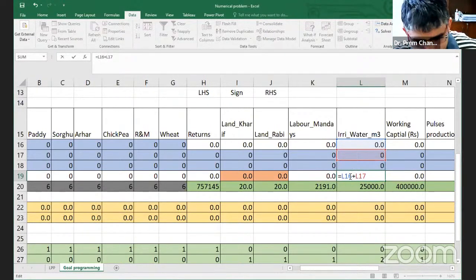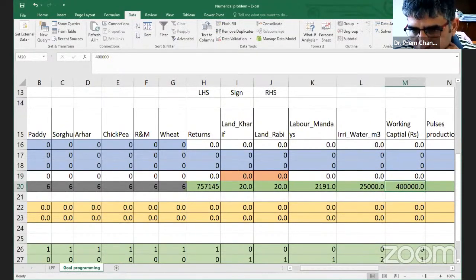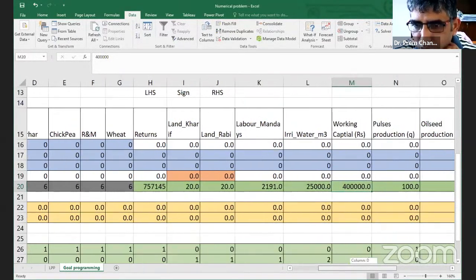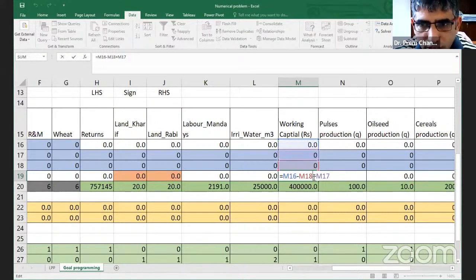If I have the option, I am allowing the overachievement. Similarly, for working capital, because I can borrow from the bank also, I have allowed both under and overachievement.